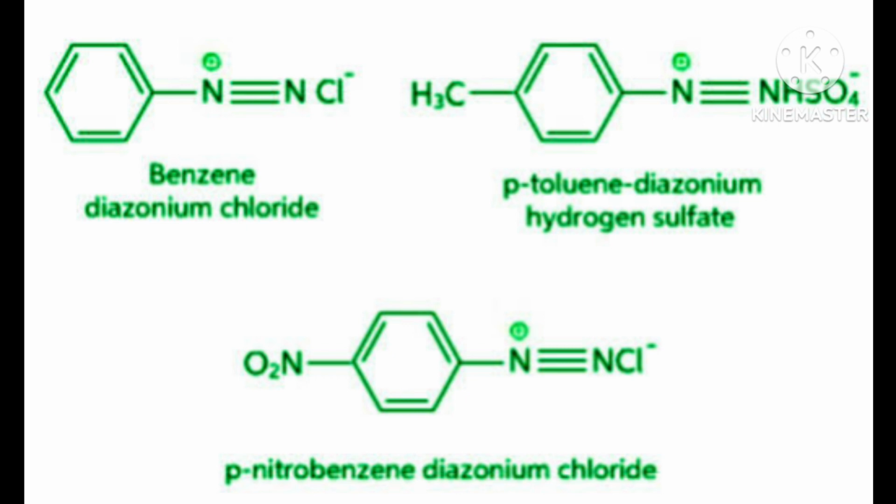Very, very important reaction. Question is asked in all examinations, medical as well as engineering. Okay, this is the alternative method. Chlorine or bromine can also be introduced in the benzene ring by treating the diazonium salt solution with corresponding halogen acid in the presence of copper powder.